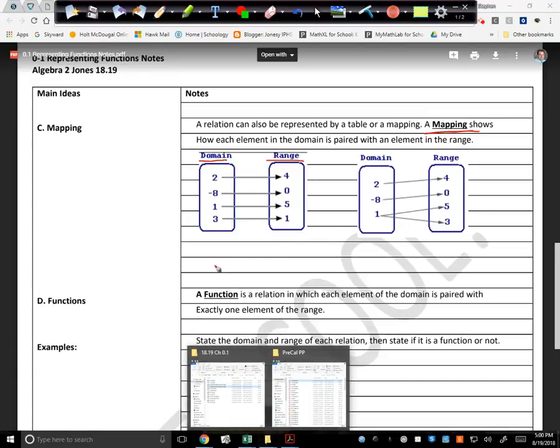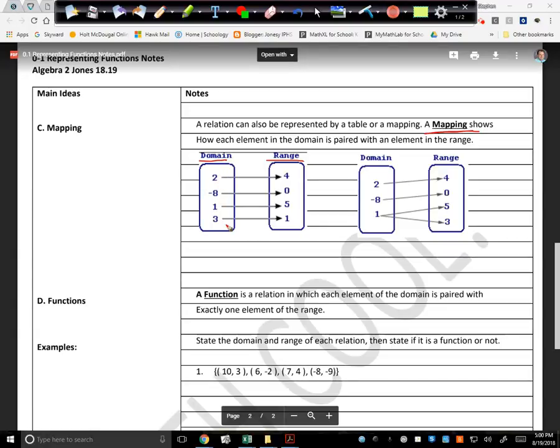So here we've got a domain of 2, -8, 1, and 3, and the range of 4, 0, 5, and 1. 2 goes with 4. -8 goes with 0, 1 goes with 5, 3 goes with 1. So that's all there is to mapping.